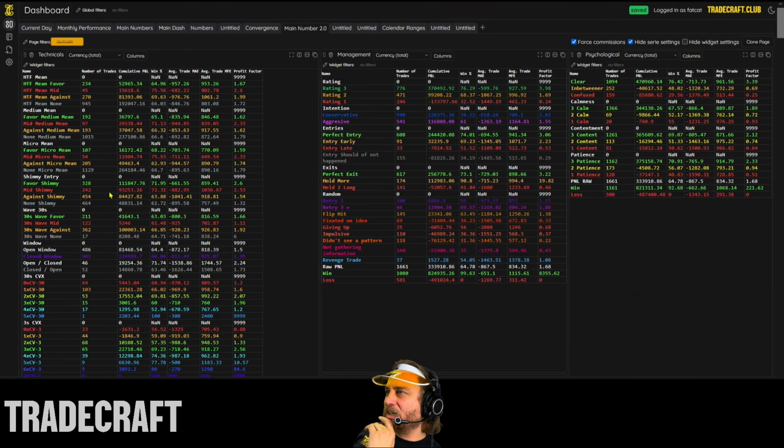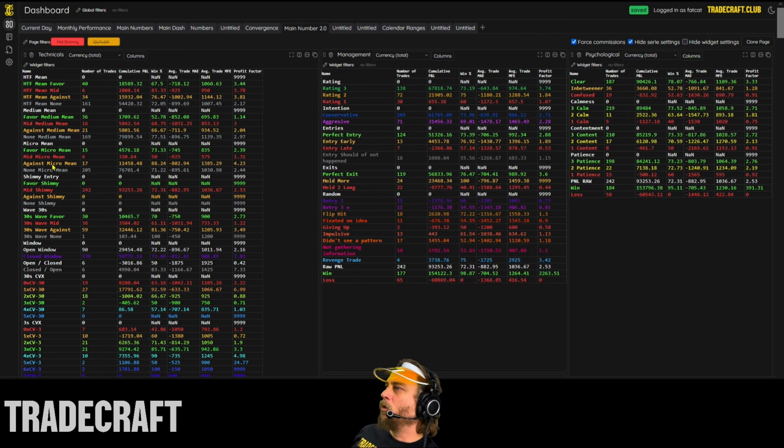What's interesting is this mid shimmy right here works really good on these medium range breakouts. I think it was right here. Oh, micro range breakouts. The profit factor is 4.23. Now the sample size is relatively low, but for whatever reason, it is working really good in this area.